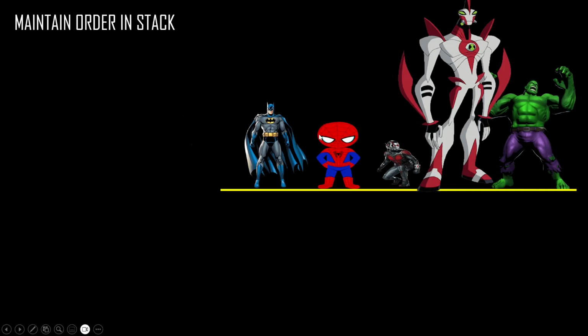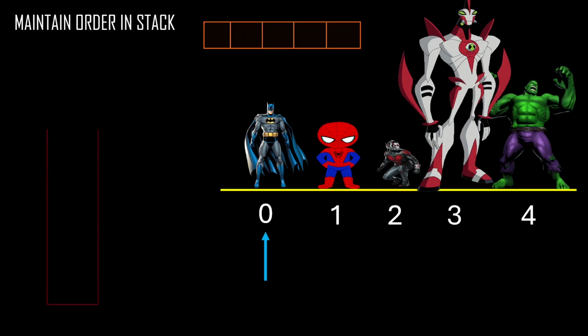So consider these superheroes as input, and their heights are as scaled here. So Ant-Man is the shortest, and Way Big is the highest. Let's consider the indexes of the input. We need a stack because obviously we are going to discuss a stack, and a pointer at an index, and consider this as a stack, and we have an output array.